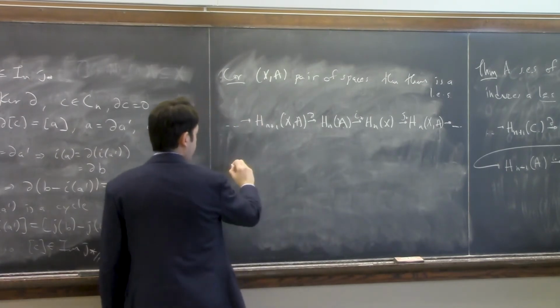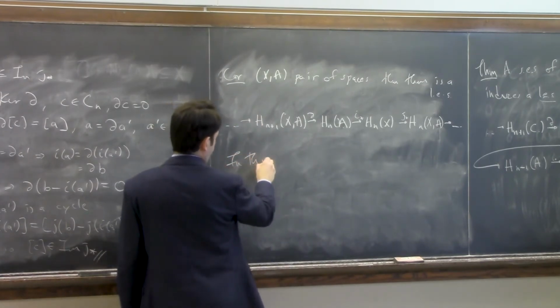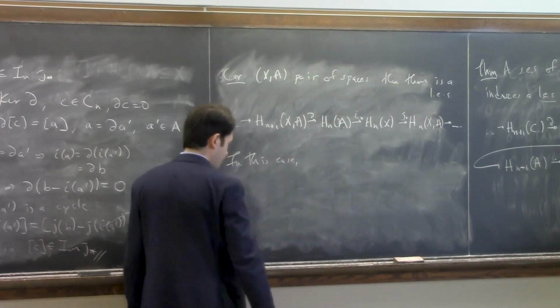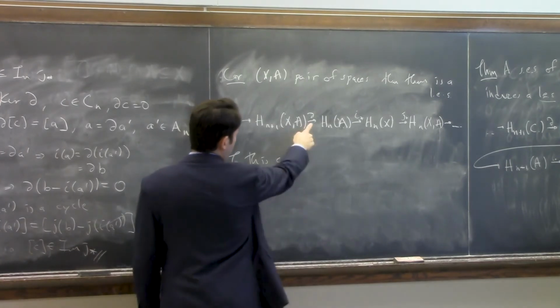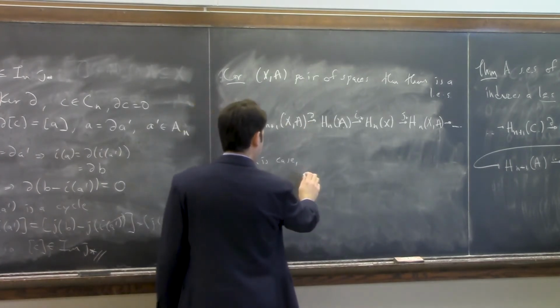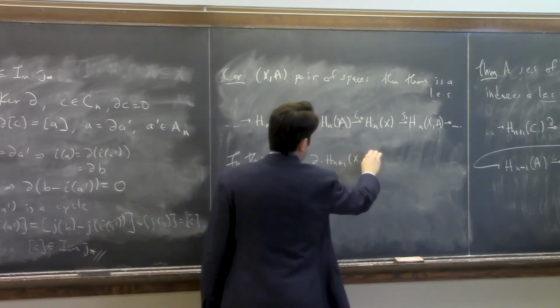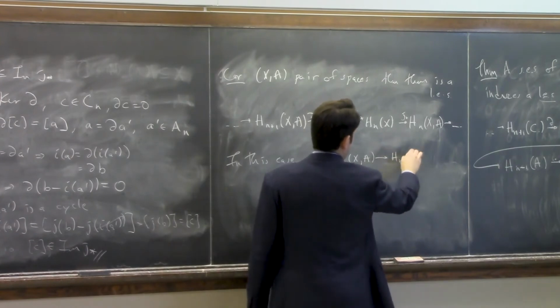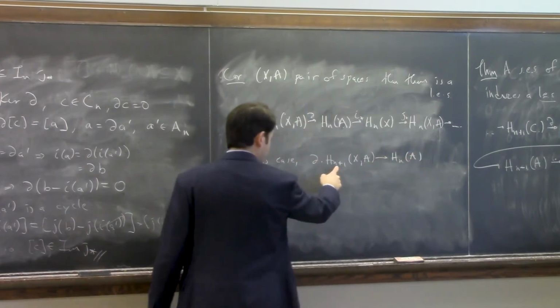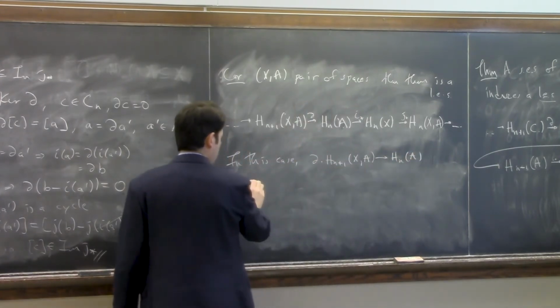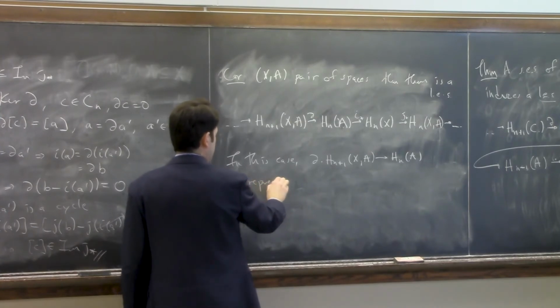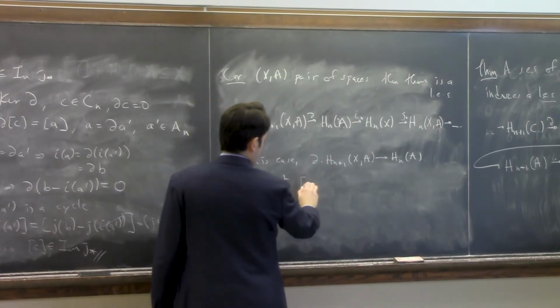Okay, in this case, the connecting homomorphism is as follows. So just represent a class here by a relative cycle.